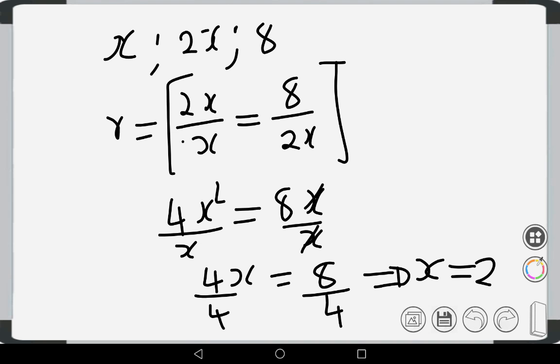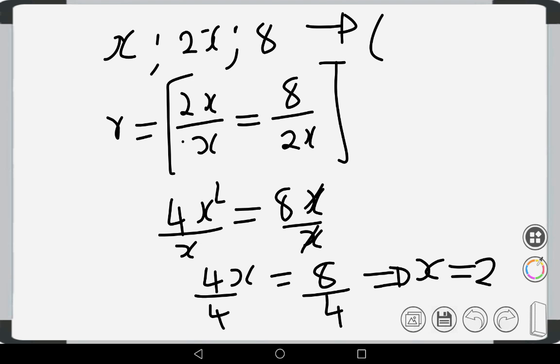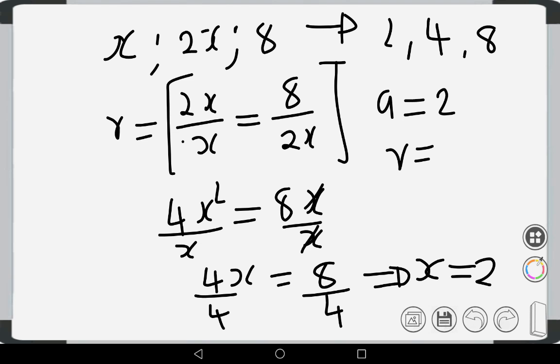So now we can substitute 2 in the sequence, and our new sequence will be 2, 4, and 8. Then you will know that your a is 2, and your r is 4 over 2, which is 2. Then it takes you back to the formula, which is 2 to the power n.